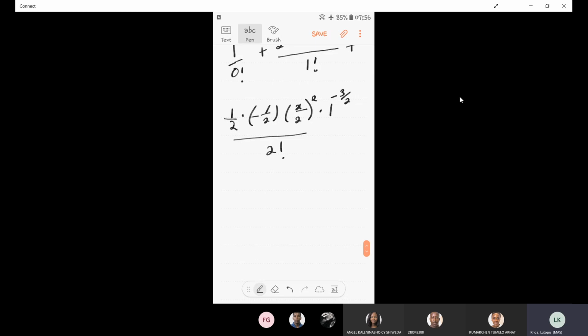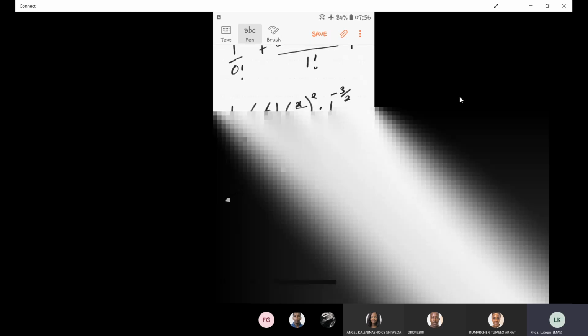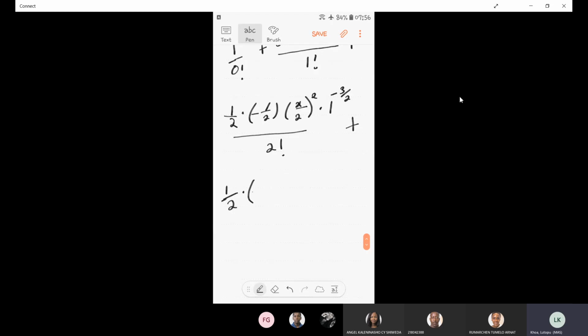So next one, I have half, negative half, and then negative 3 over 2, and then I have 1 to the power of negative 5 over 2, and then there's x over 2 to the power of 3, then I divide by 3 factorial.